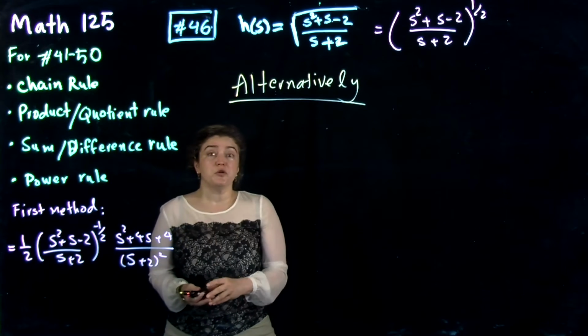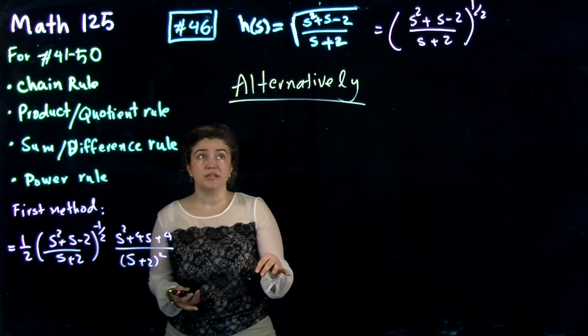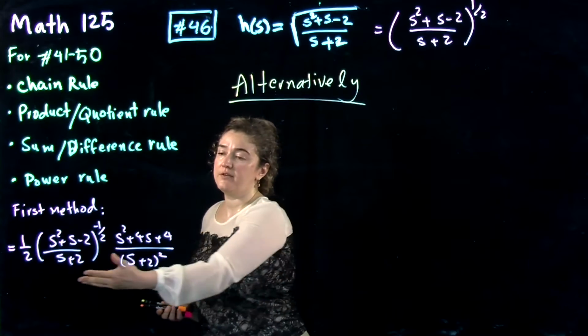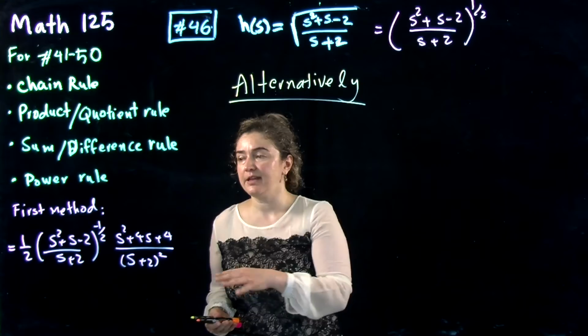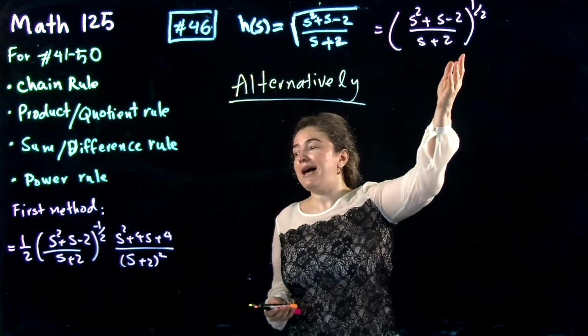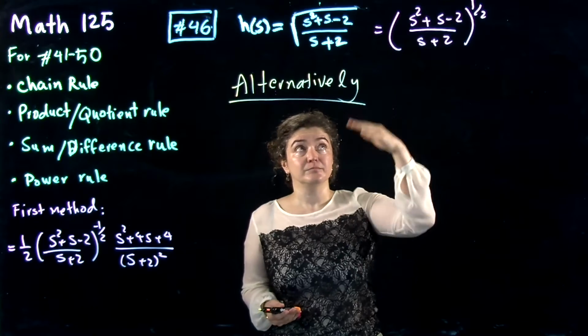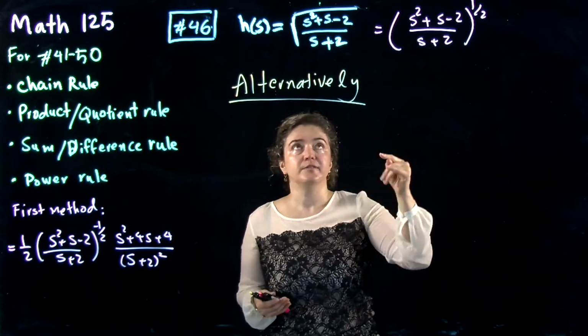So continuing with question number 46 out of the gateway questions for Math 125, we discussed that the first method will give us this value after simplification. What value do we get when we simplify the numerator and denominator, then take the derivative?